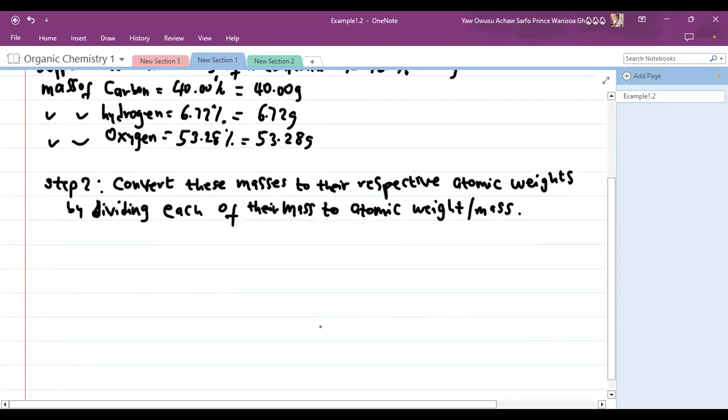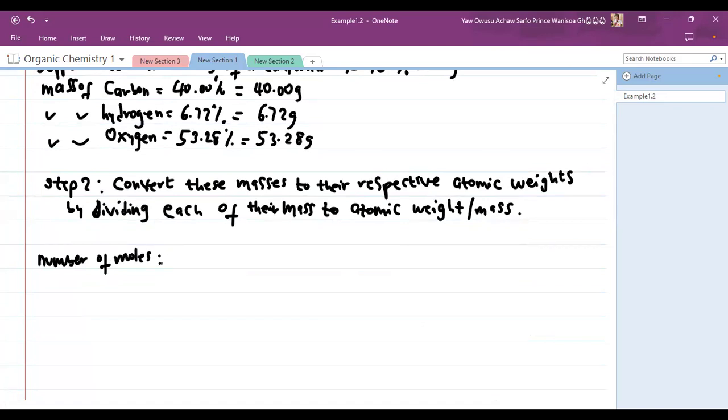More precisely, our number of moles will be calculated for our carbon atoms, hydrogen atoms, and oxygen atoms.